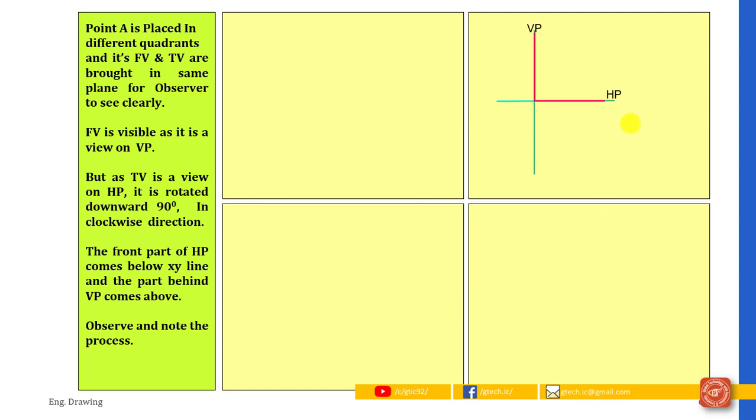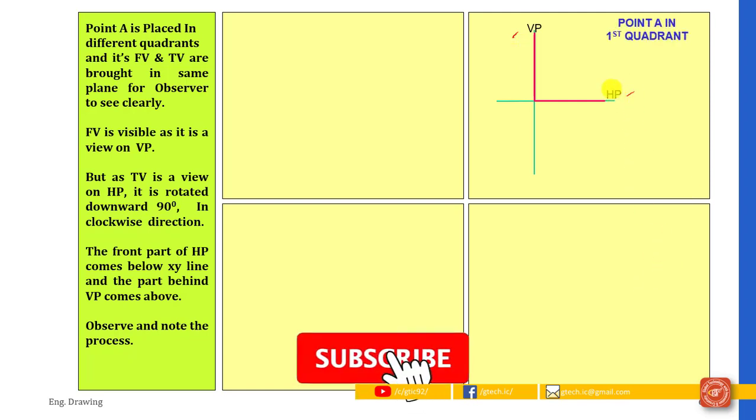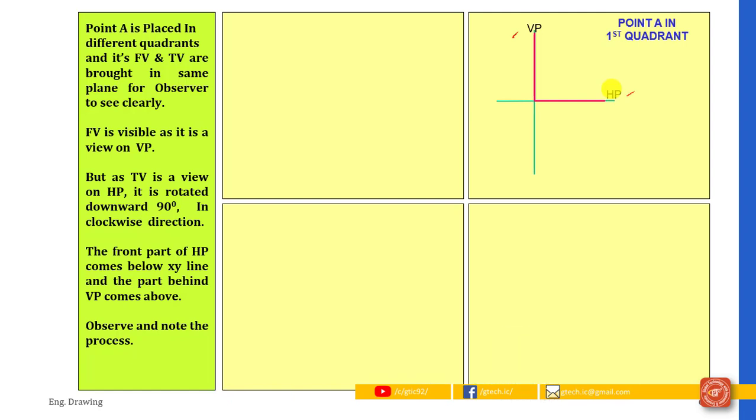This one is the VP, the vertical plane, and this one is the HP, the horizontal plane. Okay, now let's first place a point in the first quadrant. This one is the point A and the observer is looking at this side.